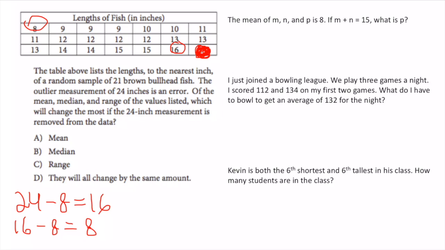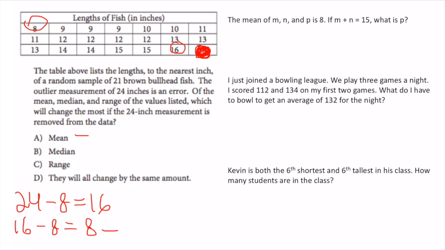We now have 20 fish in an 8-inch range, so pretty tightly packed data here. By eliminating this outlier, because there are 20 terms, our mean will actually not change that much.